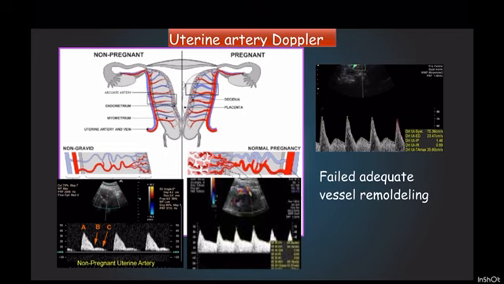In that case, the vessel is not adequately dilated and it becomes sensitive to vasoactive substances too when compared to the normal pregnancy. In such a case, the vessel recoiling also will be high and also the caliber will be less, which leads to increase in the PI or decrease in the diastolic flow, and that elastic recoiling is also responsible for the early diastolic notch that you see here.